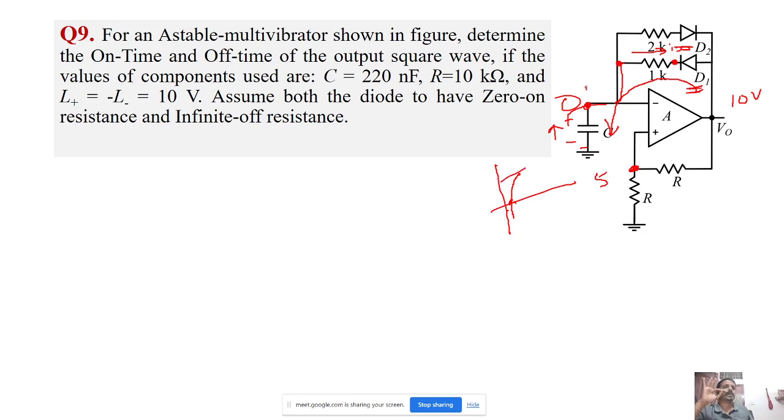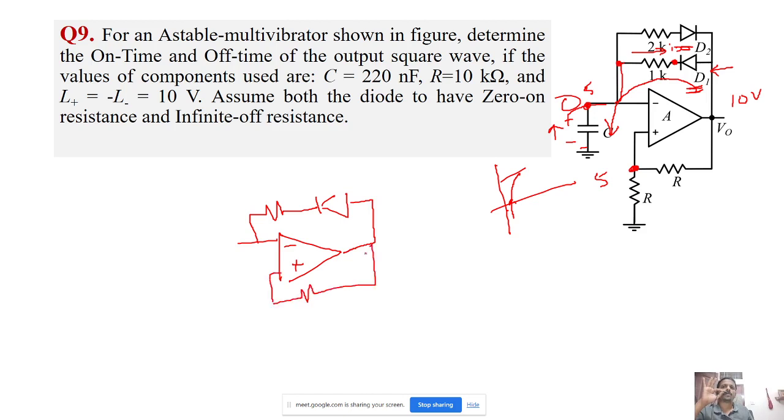Till 5 it will increase, means again what is the voltage across the diode? It will be again the same, right? So I will draw here. Yeah, this is 5 volt.